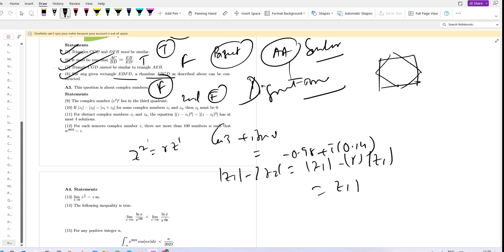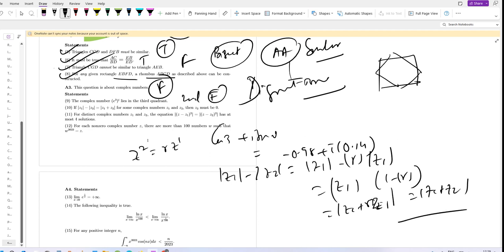We can take z1 common, giving 1 minus mod r. So z1 plus z2 is z1 plus r z1, and z1 minus z2 is similar. Therefore there exist non-zero complex numbers that can work this way, so this statement 10 is false.